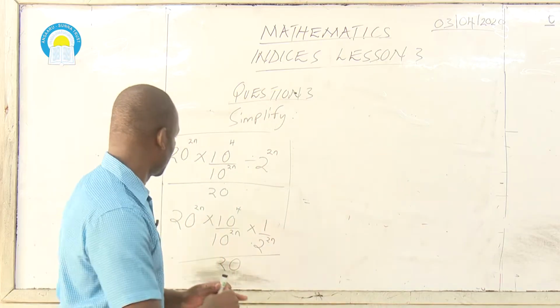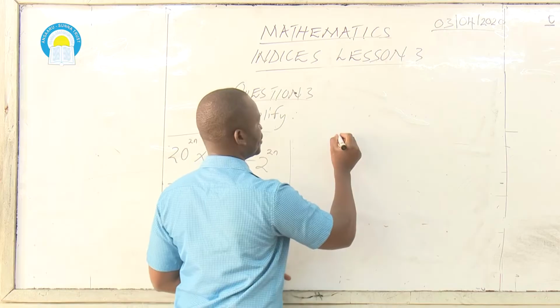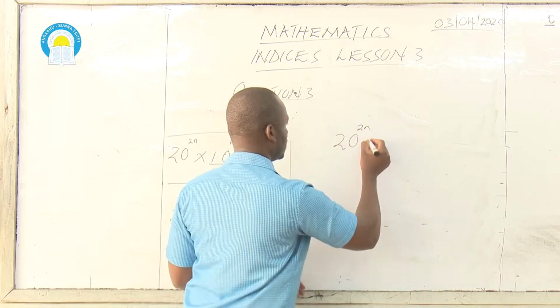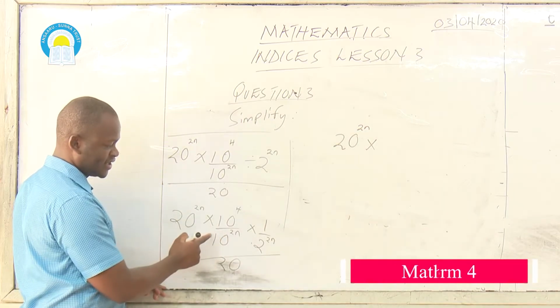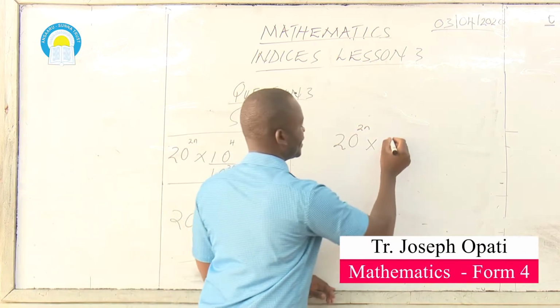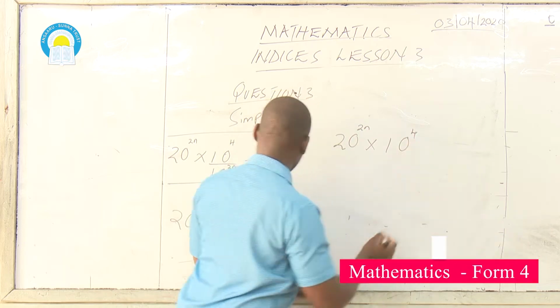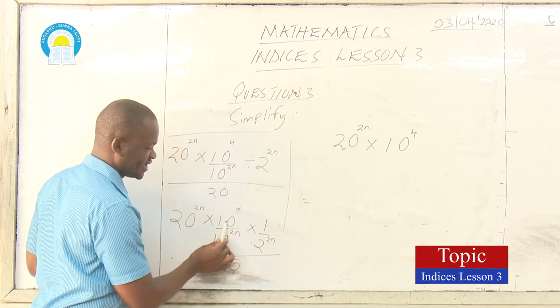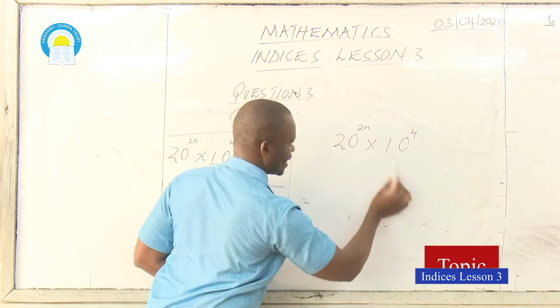How do we proceed? We shall have 20 power 2n times 10 power 4. Then we multiply this and that to give us 10 power 4.